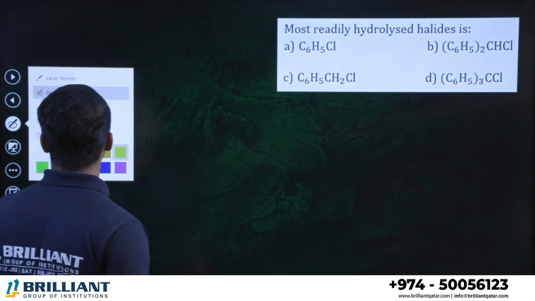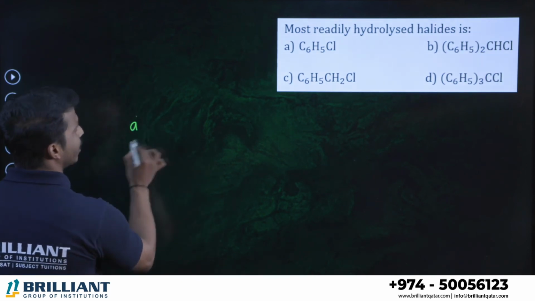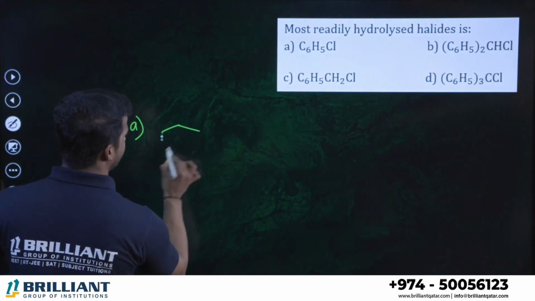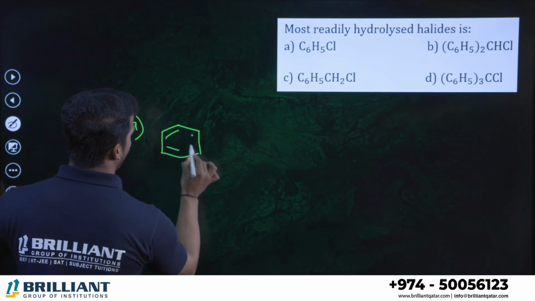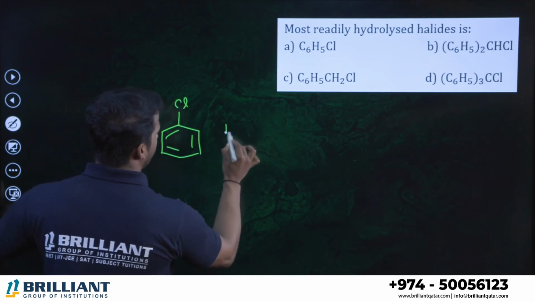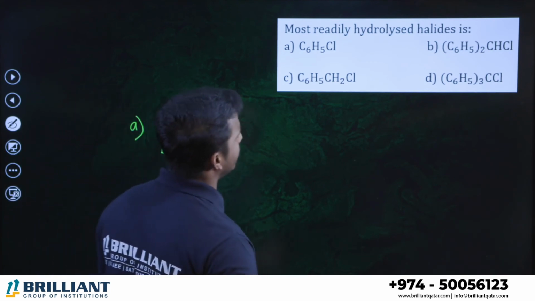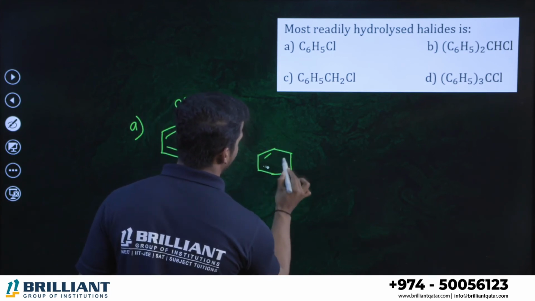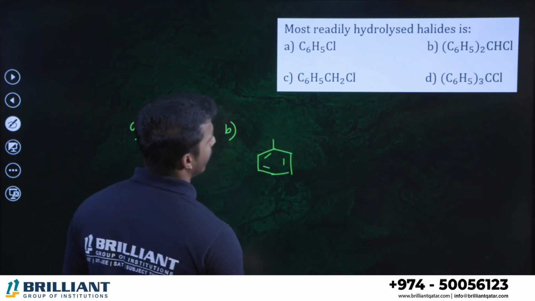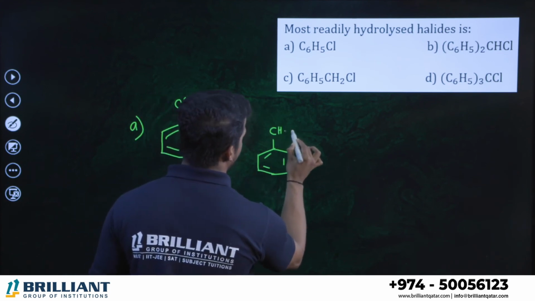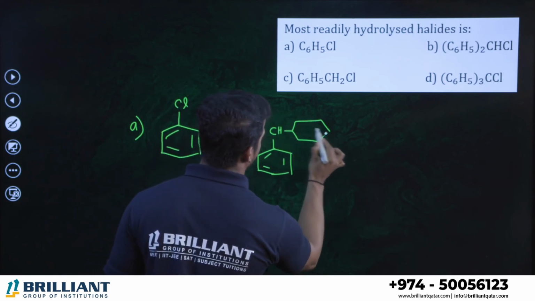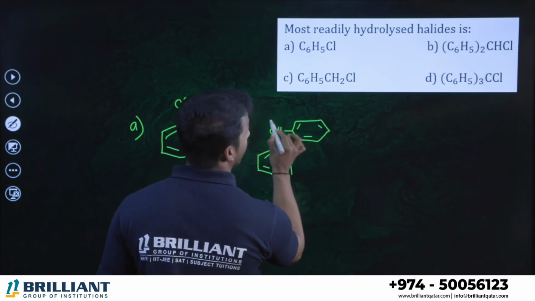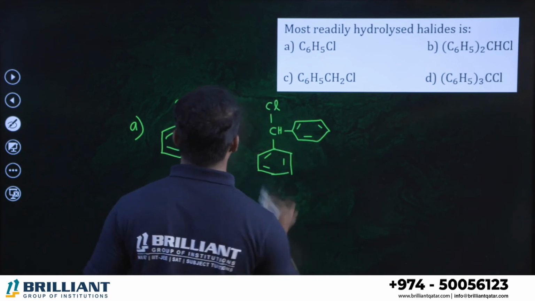So let me write each and every compound once again. Option A, C6H5Cl. What is C6H5Cl? That's chlorobenzene. B, (C6H5)2CHCl. On the CH carbon, there are two C6H5 groups, and then one chlorine.